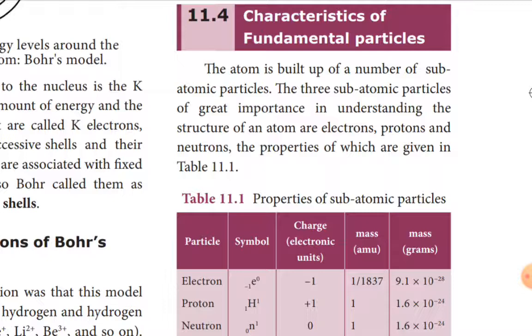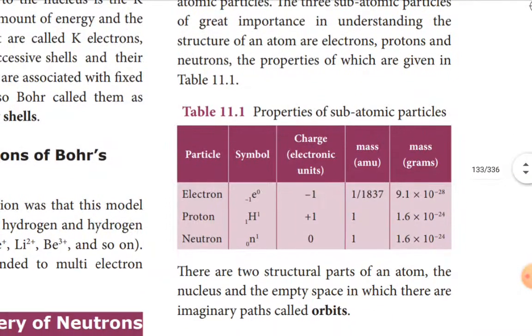There are other particles in the atom also, but we take only these three because the charge of the atom, the mass of the atom, and the stability of the atom are all based on these three particles.